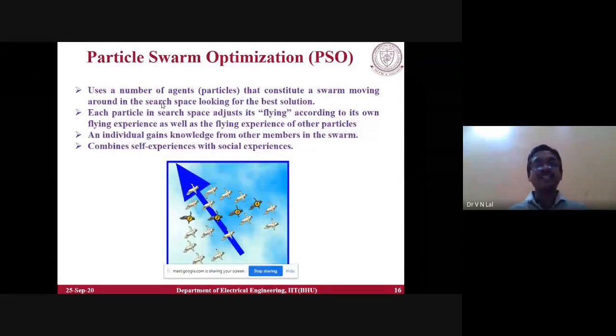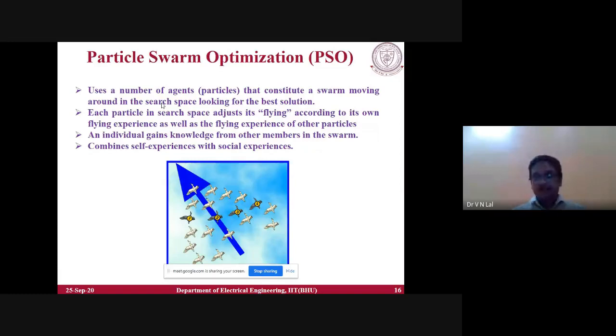Now each particle in the search space adjusts its flying. Each bird in the group adjusts its flying according to what? According to its own experience as well as the experience of the other birds. The individual birds have a sense of where we can find that food, that solution, the tendency to find the solution.